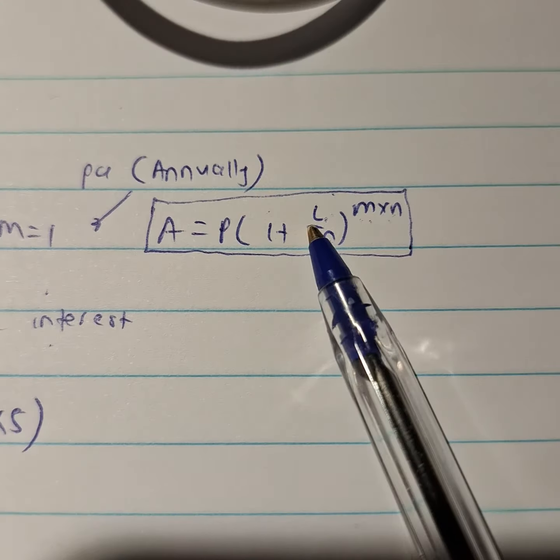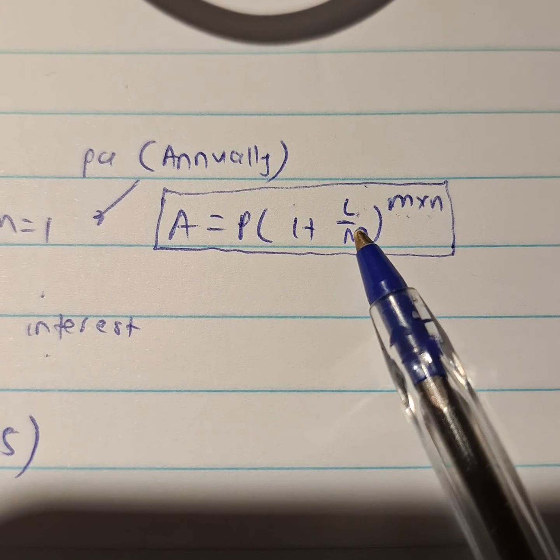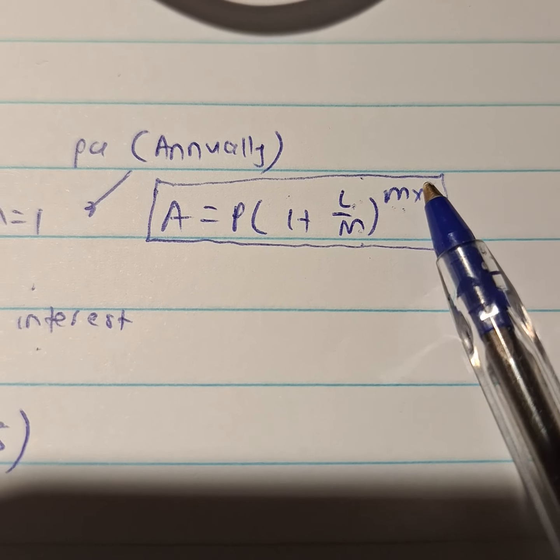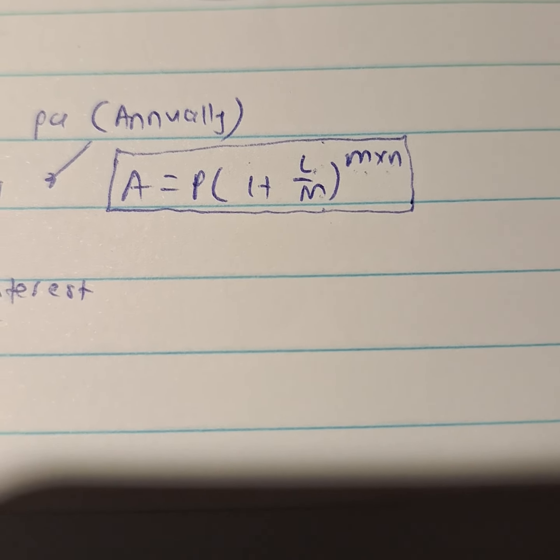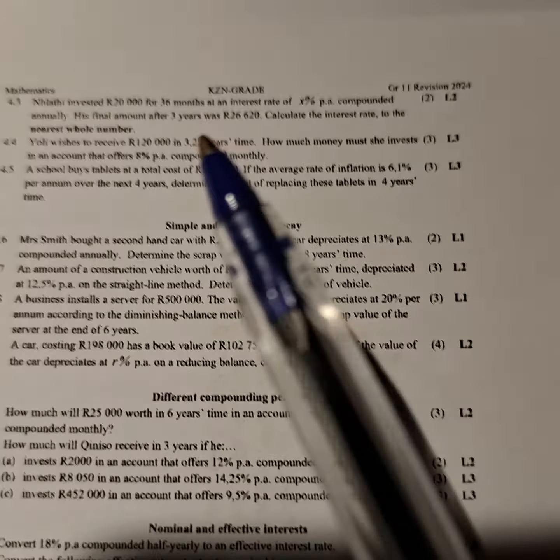If we have a compounding period, we need to remember our formula. The interest rate must be adjusted according to the compounding period. So I will be divided by 12, and our time period in years will be multiplied by the compounding period, which will be 12, and your substitution will be done accordingly.